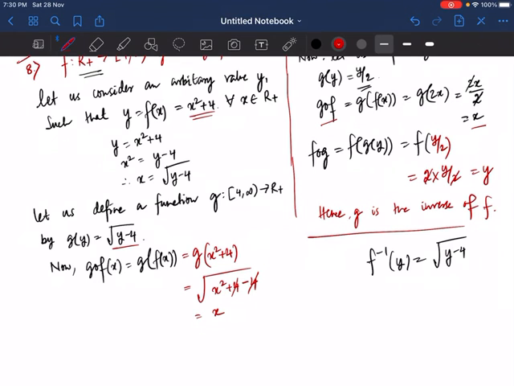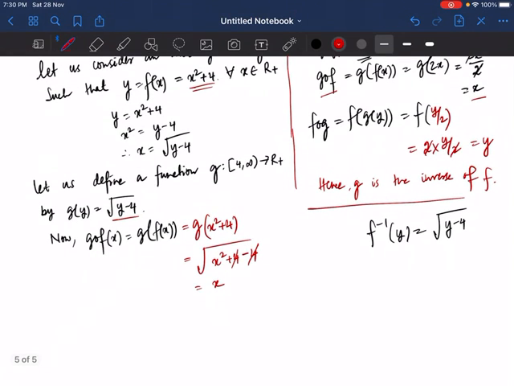Okay. Now after this, we are going to find f of g. So let us find f of g y, which is equal to y. Why are we writing y? Because here g is the function of variable y, right? So here we have f of gy, and gy function is root over of y minus 4.